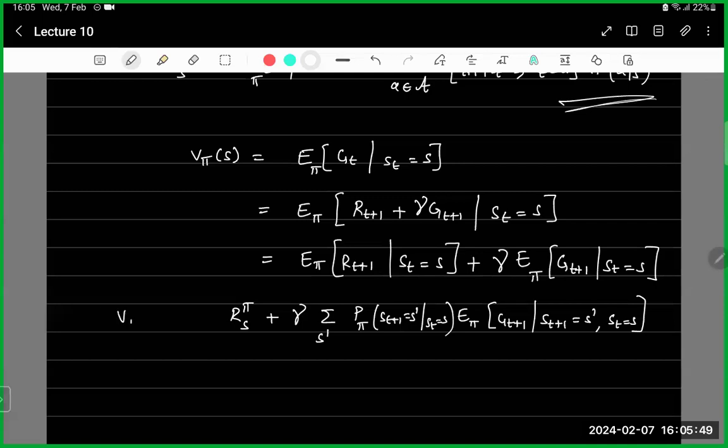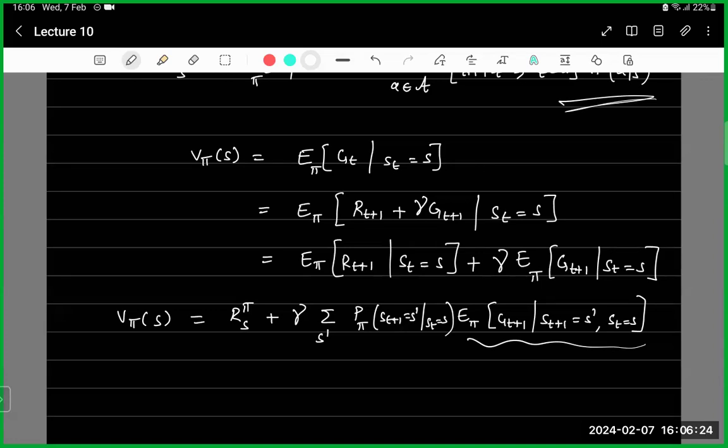So this is what v pi of s equals. Now what is this last term? Is it equal to v pi of s dash? Why? What happened to the additional conditioning s? Because of the Markov property. G t plus 1 depends only on the future returns and the future states that you go into. The future is independent of the past given the present.